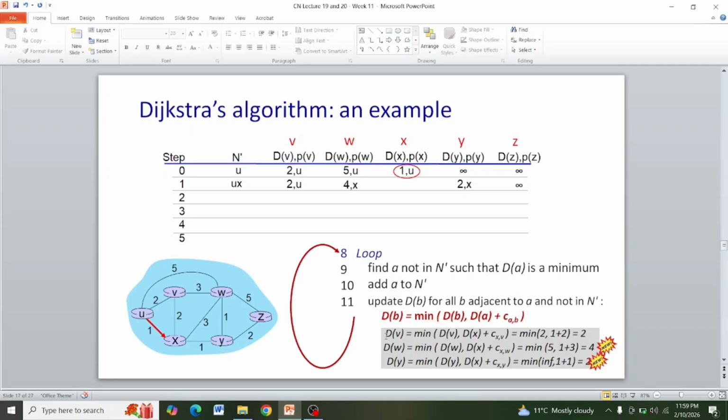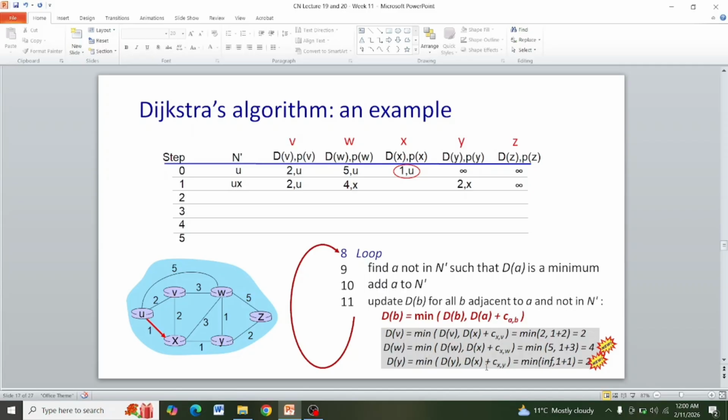When we put the values to find the value of D(V), we get a cost that remains the same. In case of D(W), we find a new cost that is 4. In case of D(Y), we find another new cost that is 2, whereas in our previous iteration, it was infinity.